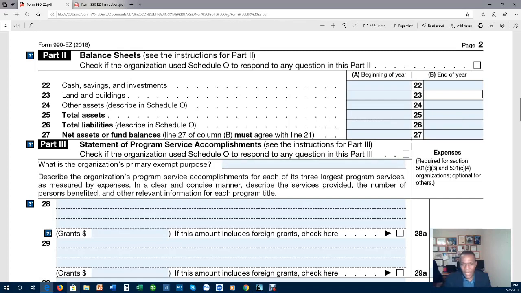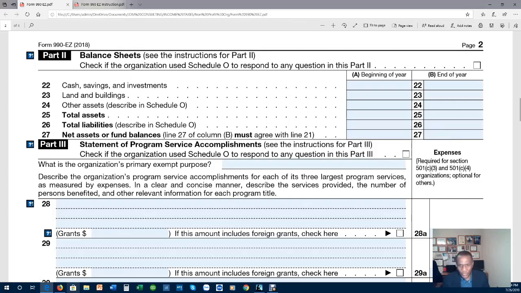Part 3, statement of program service accomplishments. See the instructions for Part 3. So you go to the instructions for Part 3 to fill out this section. Check if the organization used Schedule O to respond to any questions in this part. Okay, so you will check this checkmark here if the organization used Schedule O to respond to any information here.